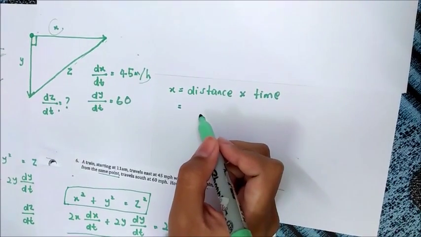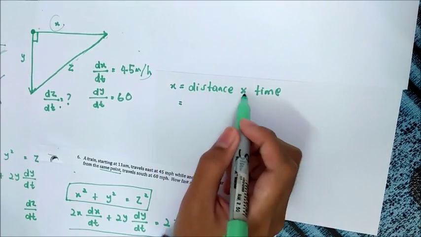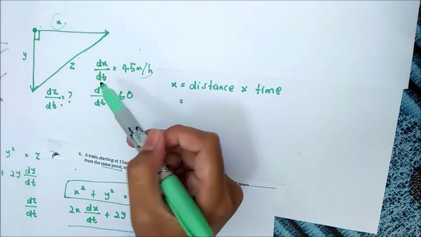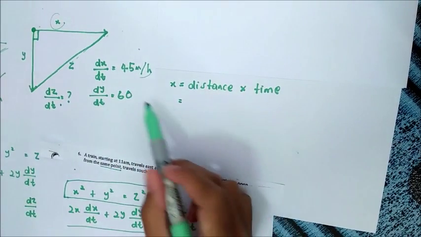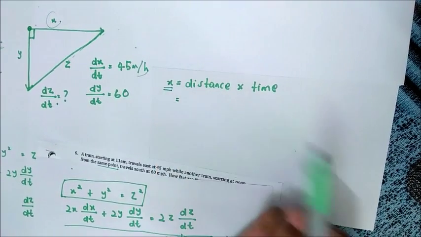Okay, the way we can find x is by x is equal to distance times time. We can use the information about dx over dt here to substitute into this formula to obtain x.